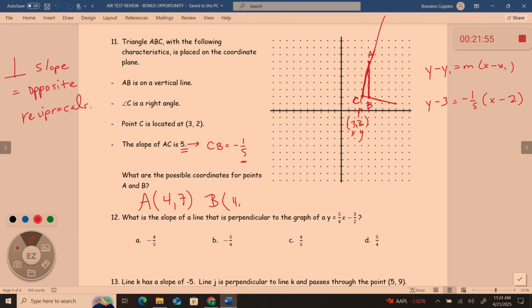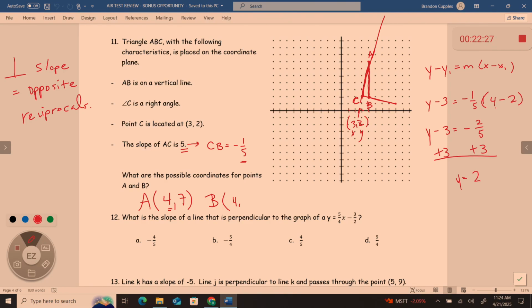So if I were to erase this and put 4 here, now we can figure out what the y value is going to be. Y minus 3 equals 4 minus 2, which is 2, multiplied by negative 1/5. So this would be a negative 2/5. If you add 3 to that to get your y value, 3 minus 2/5 would be 2 and 1/5.